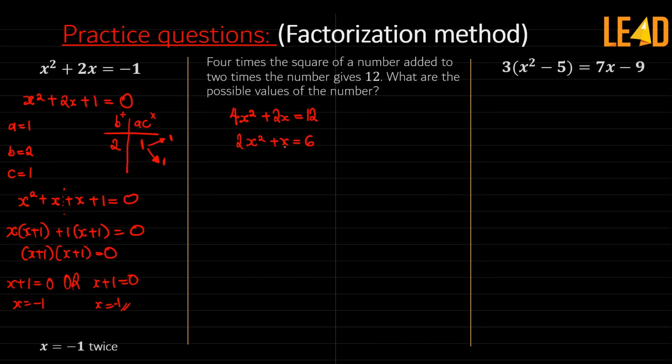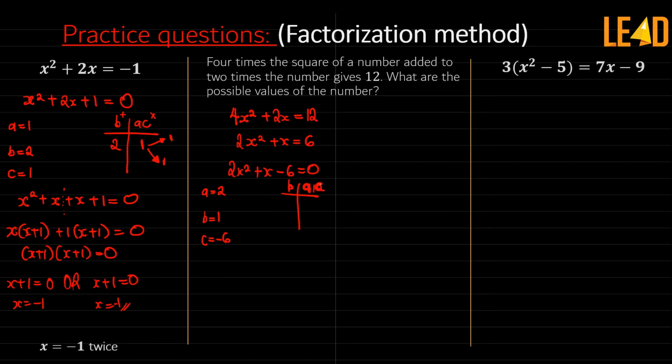All right, moving on, we can work with 2x squared plus x minus 6 is equal to 0. A is equal to 2, B is equal to 1, C is equal to negative 6. Oh, sorry, I should have written B and AC here as I normally do.